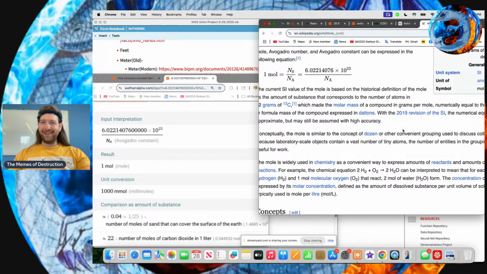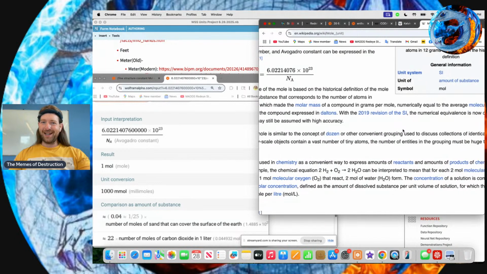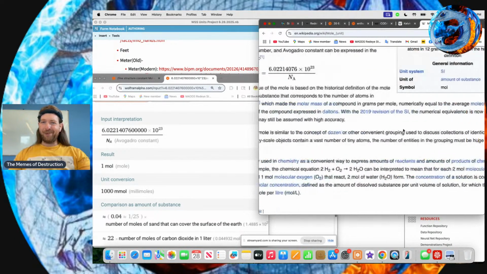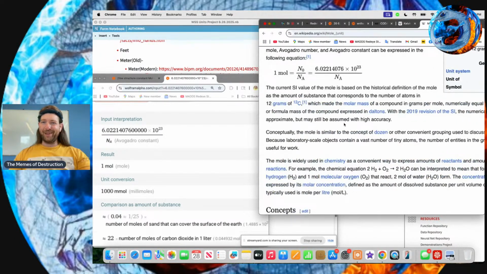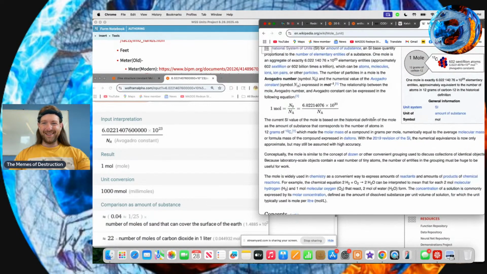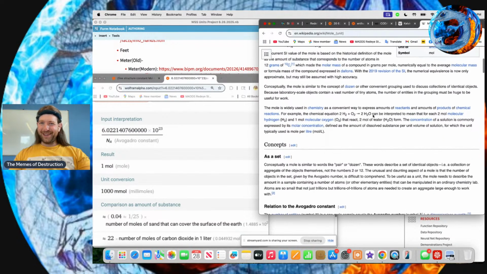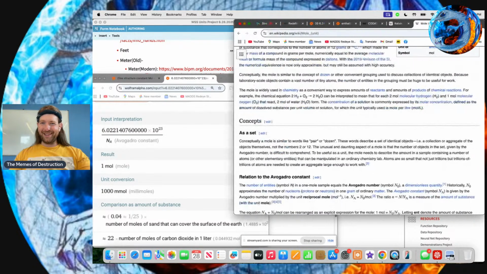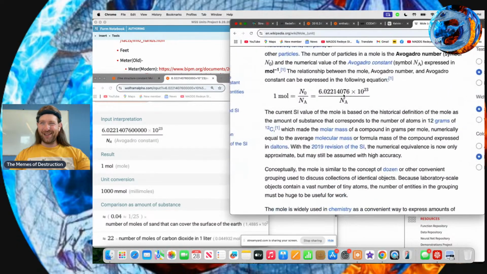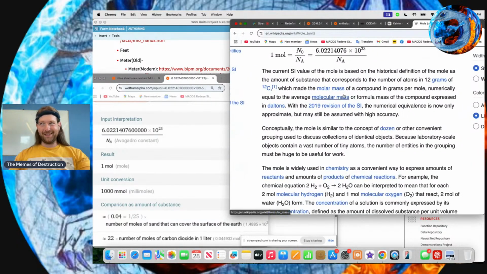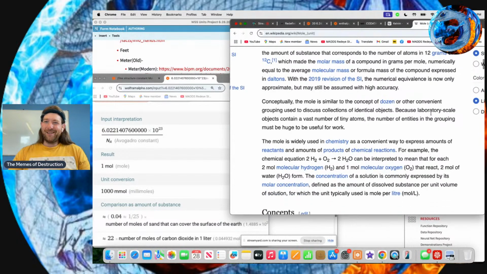A couple of slightly tweaked versions, the numerical is now only approximate, but may still be assumed with high accuracy, because they kind of redefined the AMU, which seemed to irritate some folks. But they're like, oh, for most purposes, it should be the exact same. I'm like, or at least it doesn't deviate until, I don't know, the 8th to 10th digit, something like that. So for almost all instances, for humans, it should be okay.